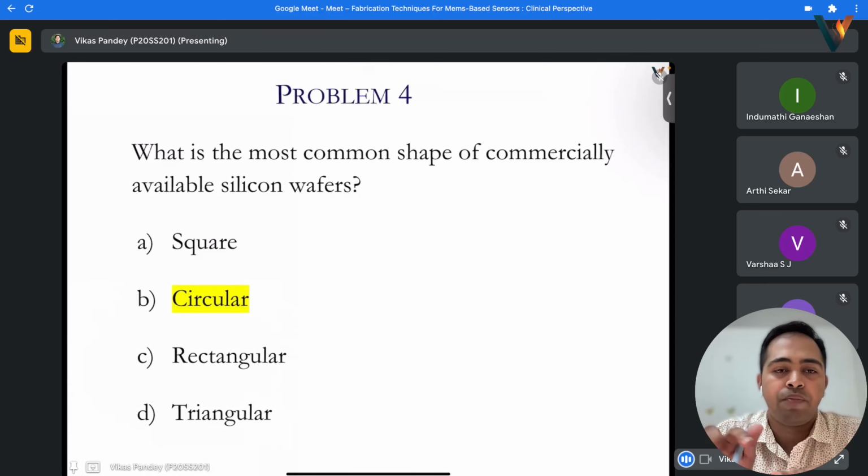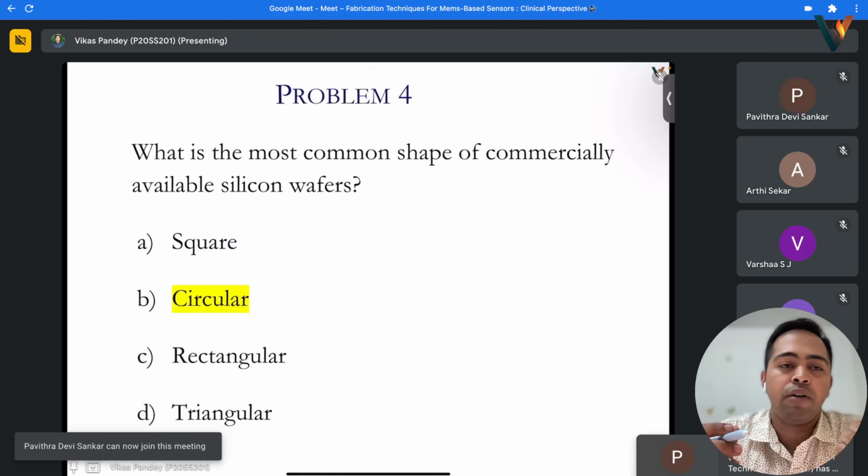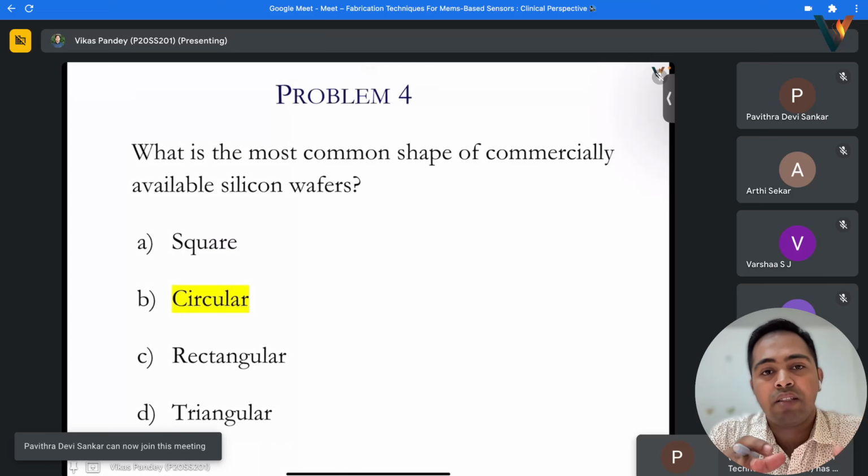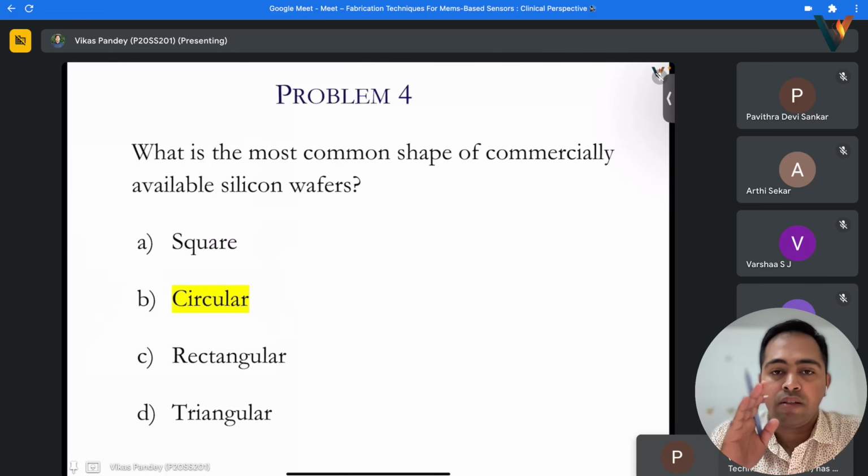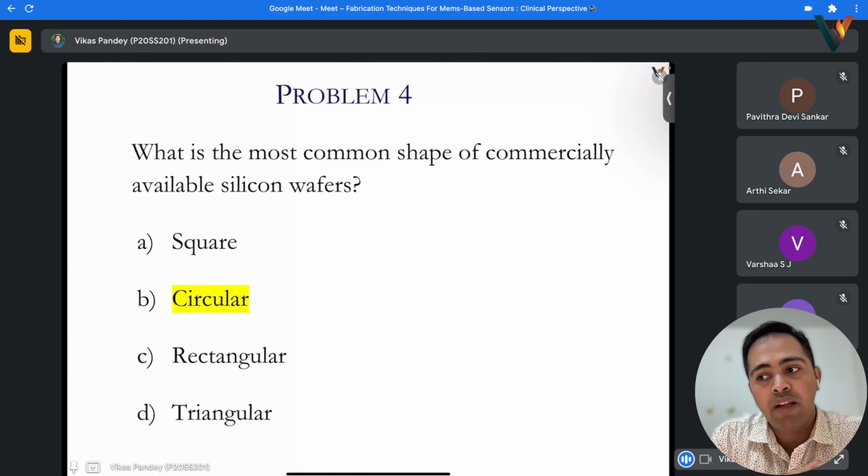Though if we are not using the conductivity of the silicon, we can go with other things also. Like we can go for glass, and there are other kinds of options also. But silicon is already in a quite advanced state. We can get a very pure silicon wafer, and we can make a sensor over it.